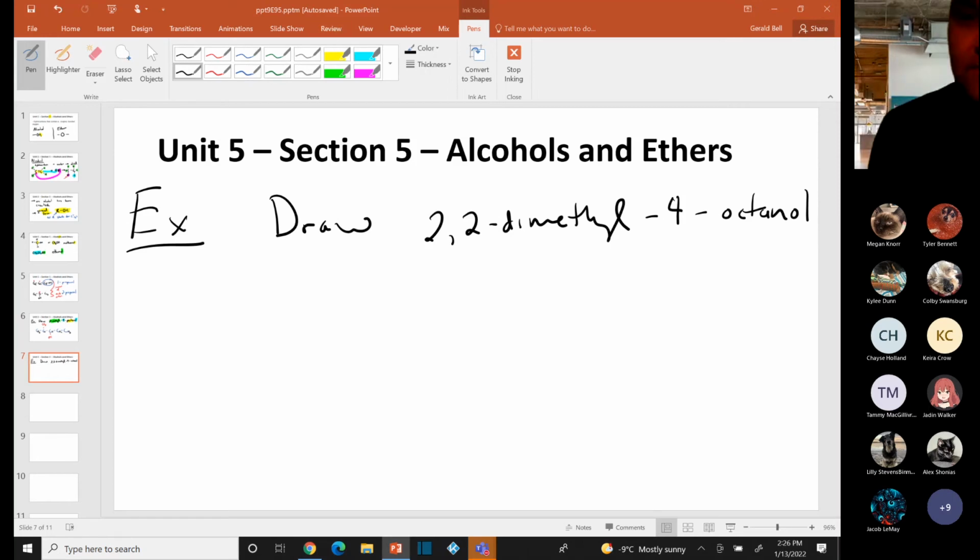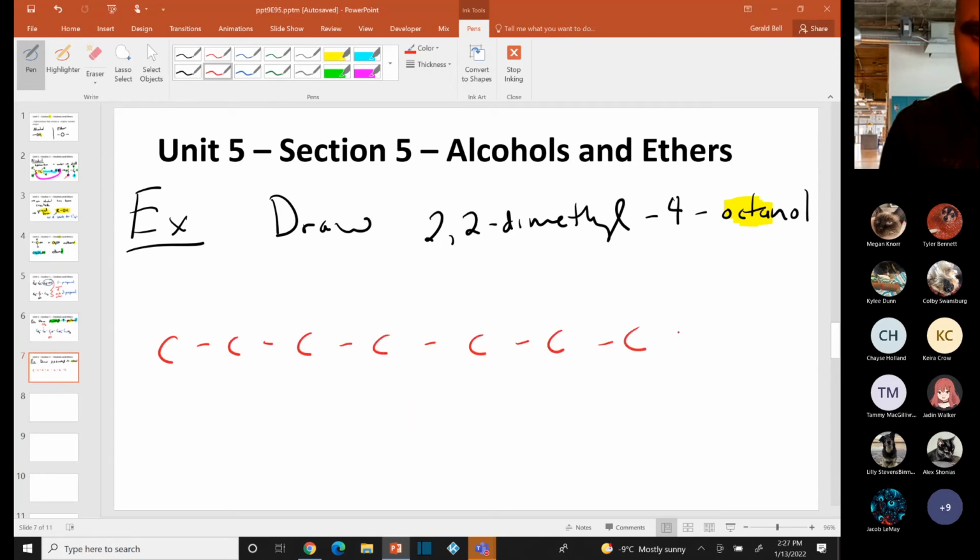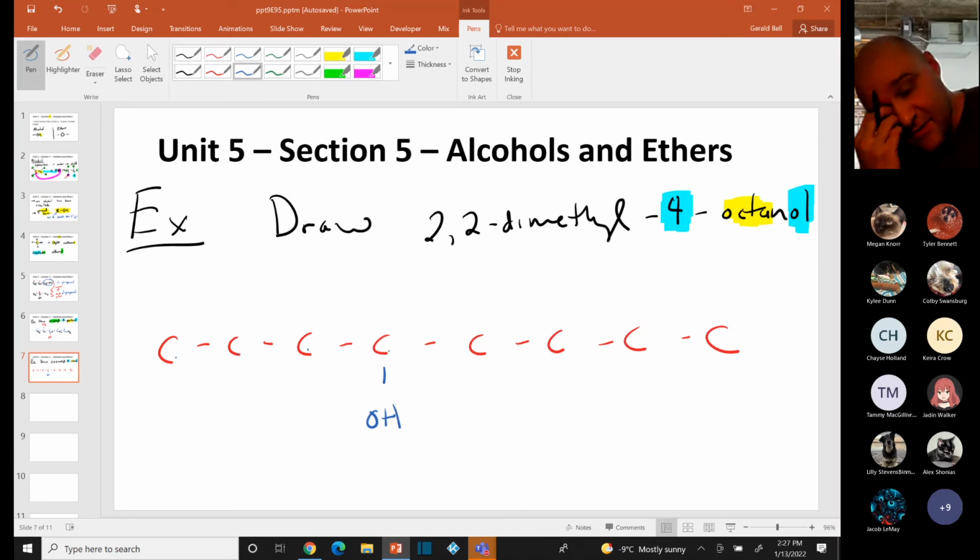Okay, so octanol, that would be 8. Like that. The OL ending tells us that we have an OH to put somewhere. It's on the 4th carbon there. So let's see, 1, 2, 3, 4. Not the 4th bond, but the 4th carbon. Like so.